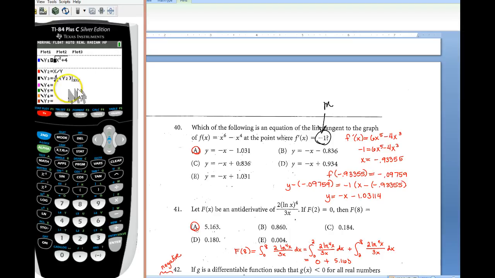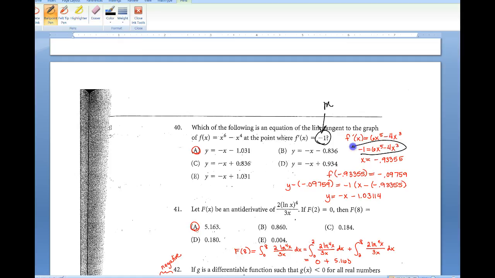Let me quit this program. Okay, so I'm going to go to my y equals. Now, one thing, I could take this and move everything to one side, set it equal to 0, and look for the 0. Or you can do one side as y1 and the other side as y2 and look for the intersection.